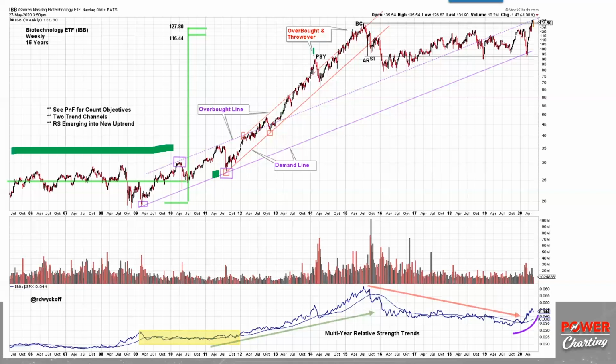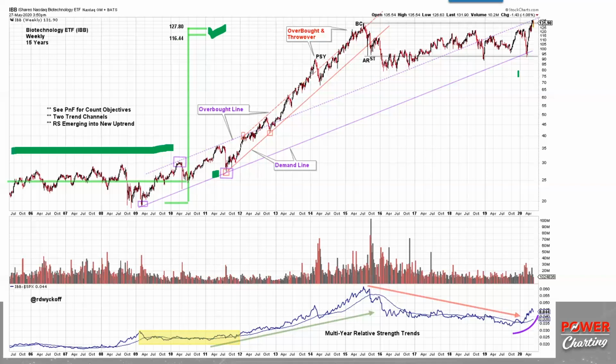This became overbought at what we're calling preliminary supply. And then there was another throw over in 2015 and a second throw over in 2015, which was then sharply reacted. And the sharp reaction shows that there is supply present, and it comes right at the point of our point and figure charts being fulfilled.